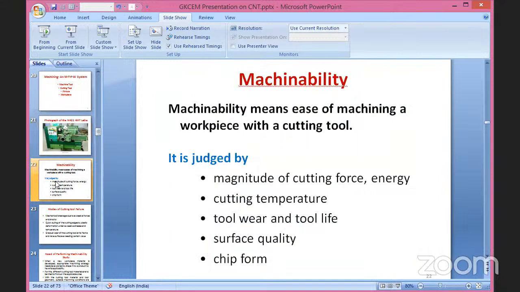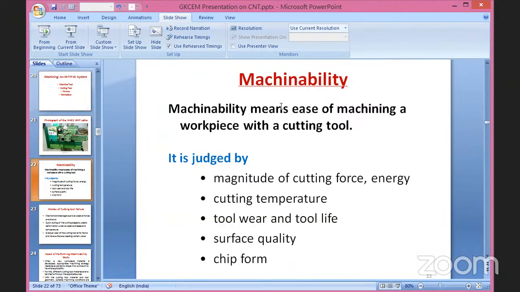Now, one important issue is machinability. Machinability is actually the ease of machining a workpiece material with a cutting tool material. Mind that one cutting tool material can machine a particular workpiece material very easily, but it can fail miserably to machine some other material.